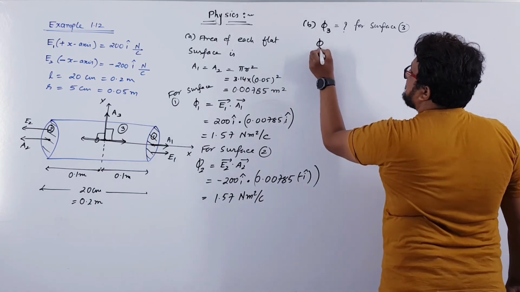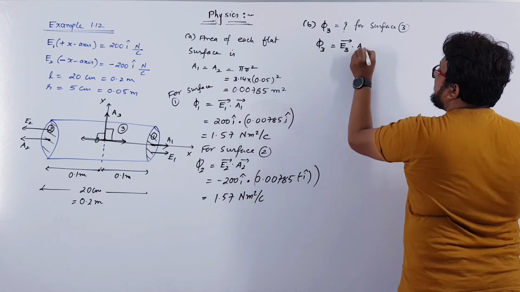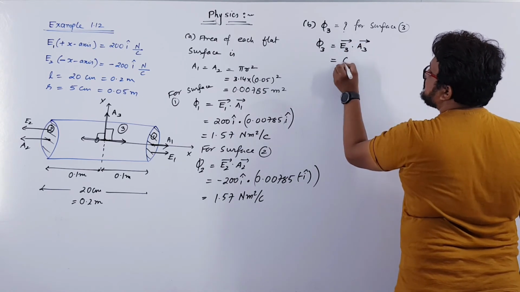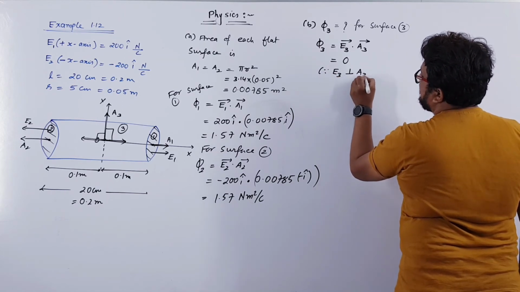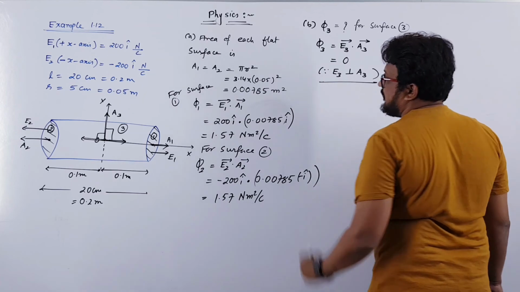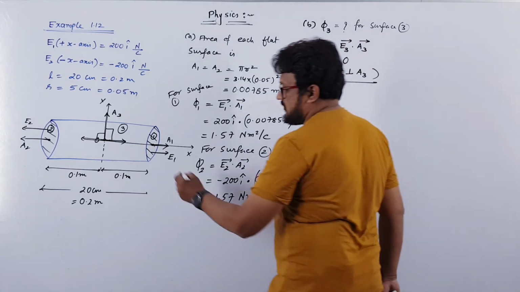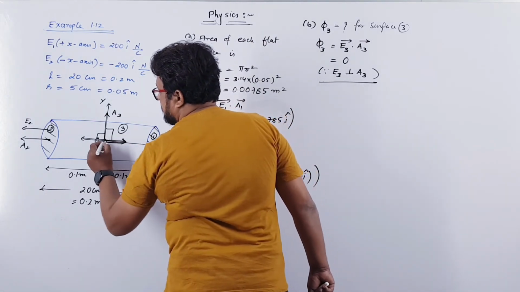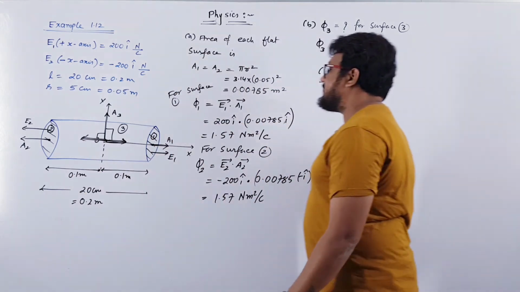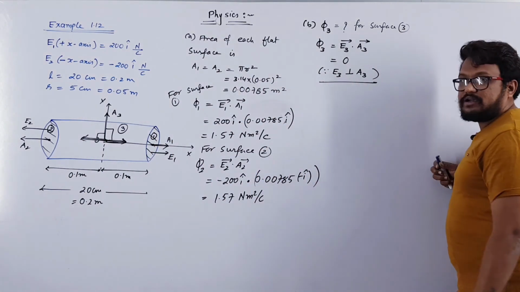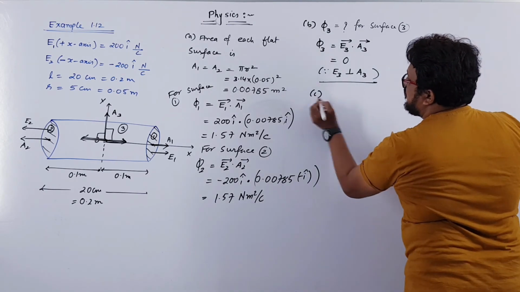So flux phi 3 will be equal to E3 dot A3, and that is equal to 0 because E3 is perpendicular to A3. In both these cases, electric field and area are perpendicular to each other, so flux will be 0.